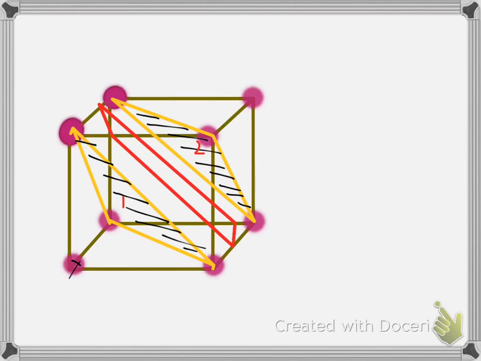This is a plane. At the center of this plane you have the particle at the body center.